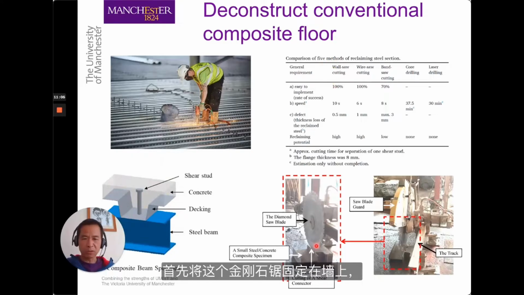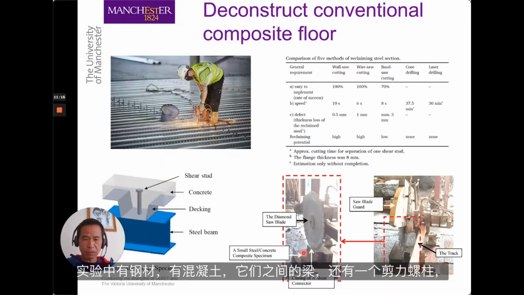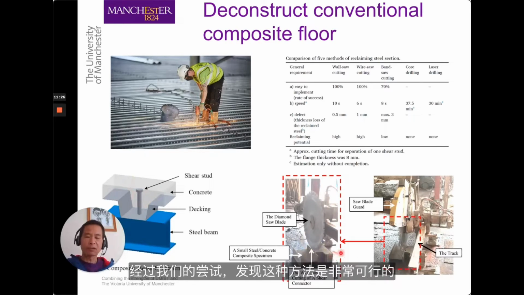We have this diamond saw, which is fixed to a wall here. And then we have this piece of composite beam. We have steel, we have concrete, and in between them, we have a shear stud. So we can use this diamond saw to cut through the interface. We have tried that, and we have found it to be quite feasible.